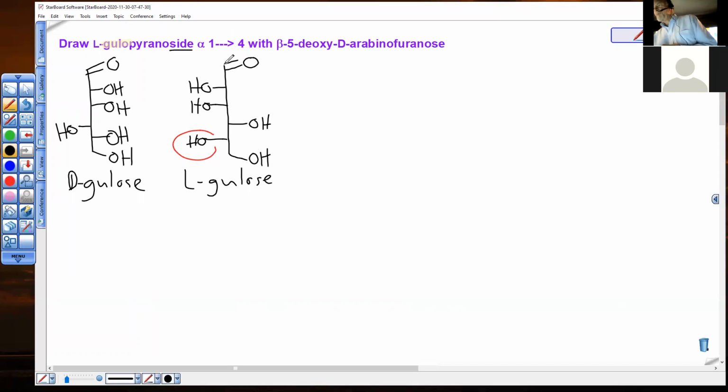It's the one with 2 bonds to O. It'll have a bond to a carbon instead of an OH, it'll be an OC. And the OC will be carbon 4 of this other sugar. That's what that means. Carbon 1 of the sugar to the left is linked to carbon 4 of the sugar to the right. And it's a disaccharide.